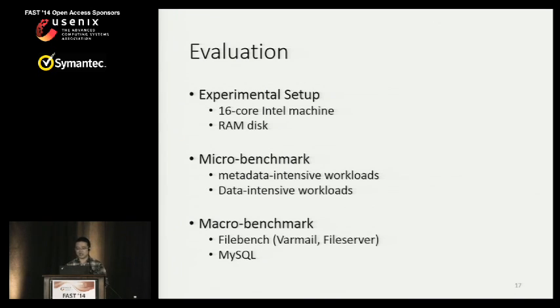We perform a set of micro benchmarks and a set of macro benchmarks. The micro benchmarks consist of a metadata-intensive workload and data-intensive workloads. The macro benchmarks consist of FileBench varmail, FileBench fileserver, and MySQL.